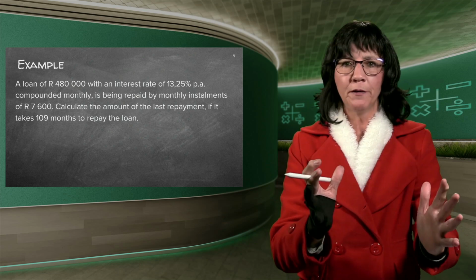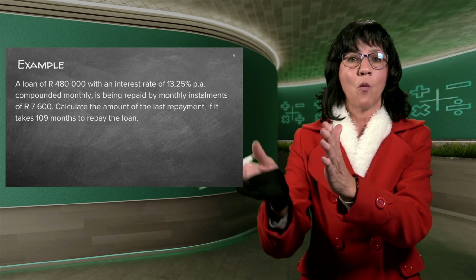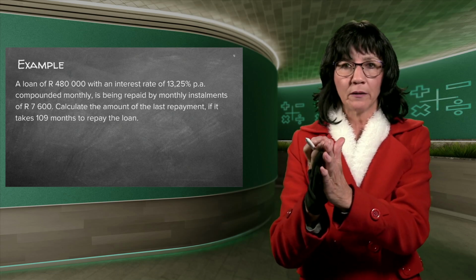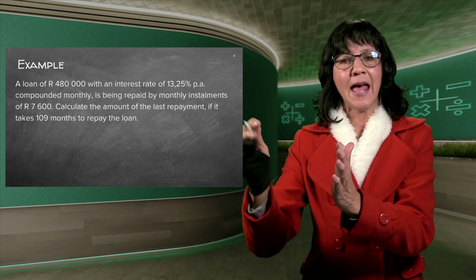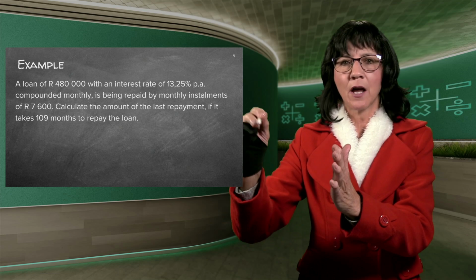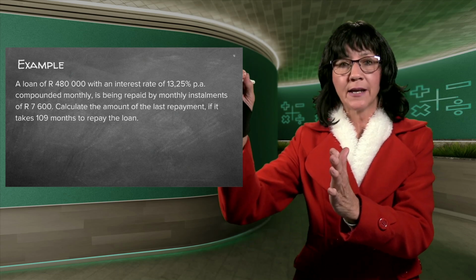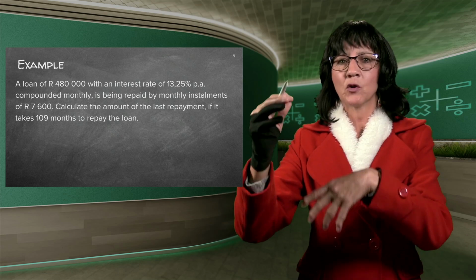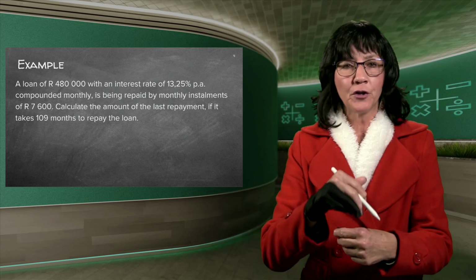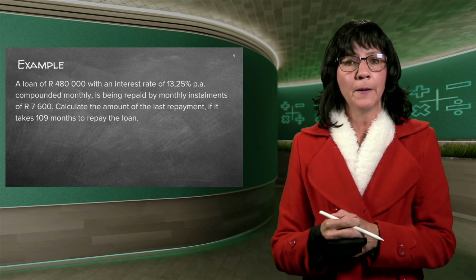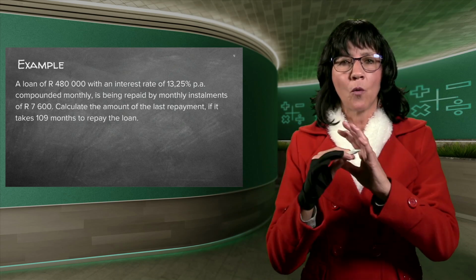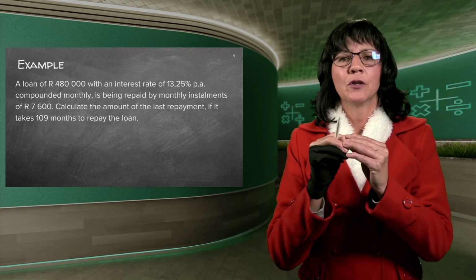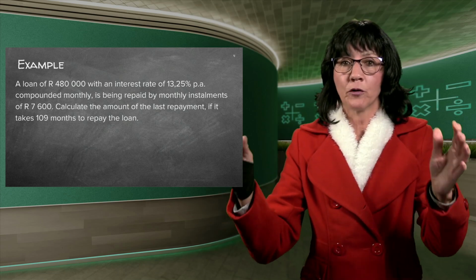You do your normal P formula for only 1 month less than you normally should till the end, and then you add the last month: Y times the bracket to the power of minus n. Remember why it was minus n? Because it was our A formula that we just converted. That's what I left on the page there. And then remember that all our formulae go for the whole period.